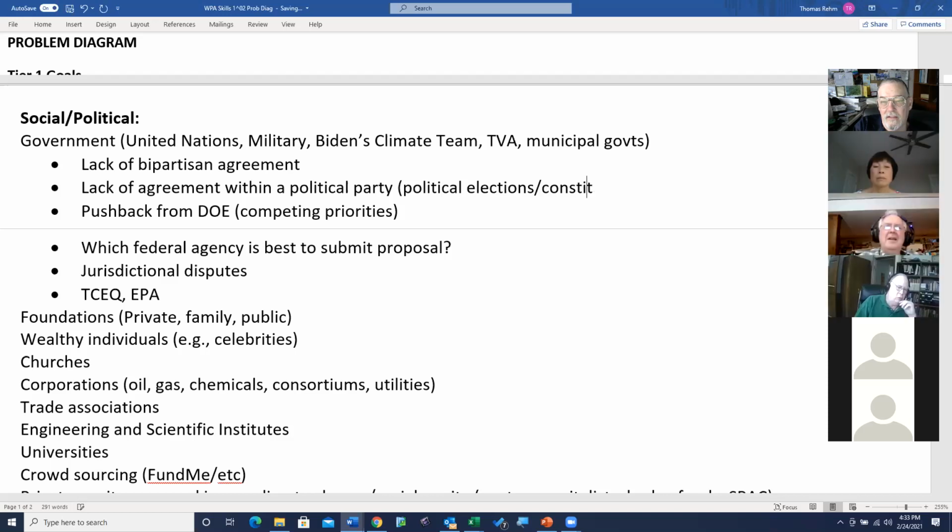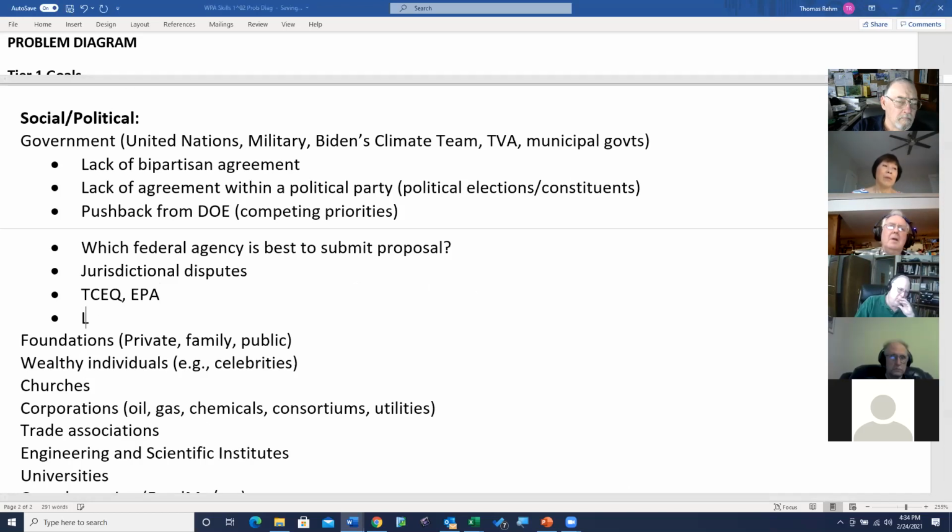Also included in social political is you have a lot of interest groups outside the government that may want the money instead of you getting it, or may want to just turn the money off because they say we can't afford it. Right. There's another group involved in that as well, and that would be lobbyists. Yeah. They get paid, obviously, for influencing decisions.